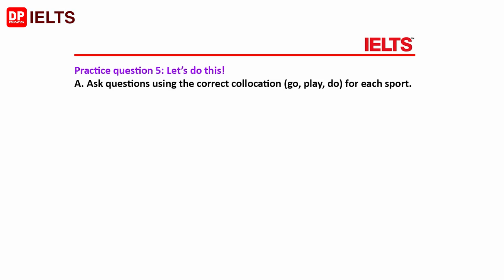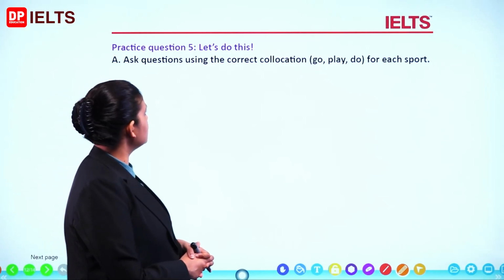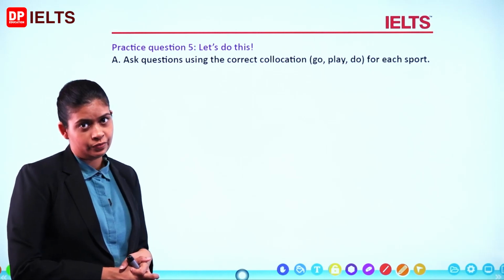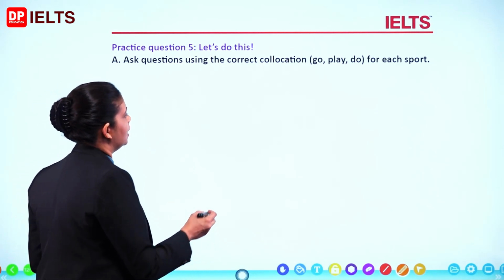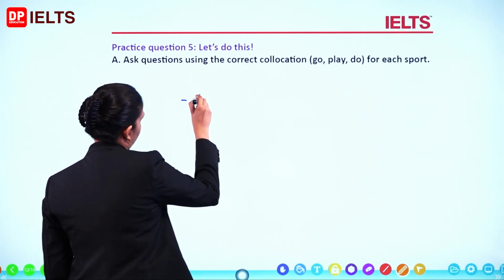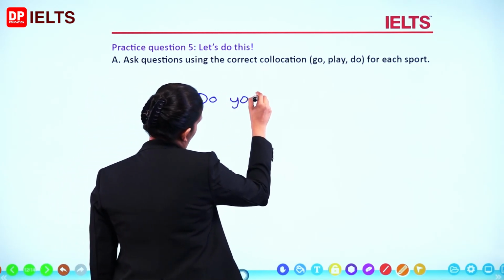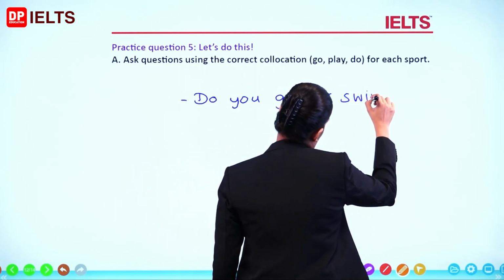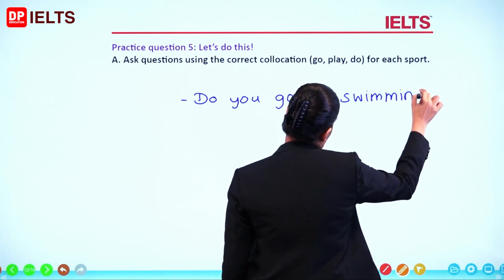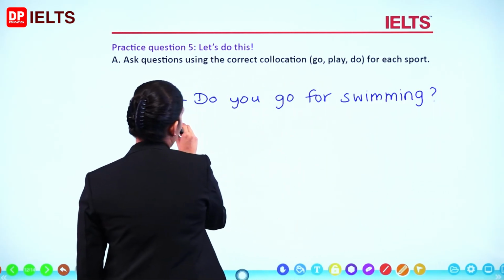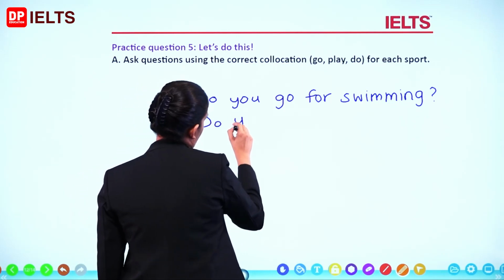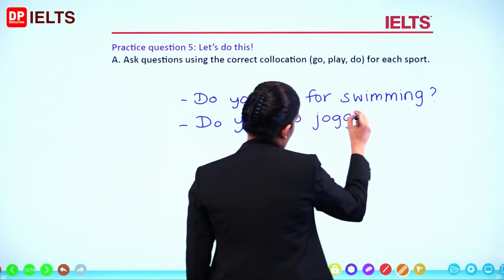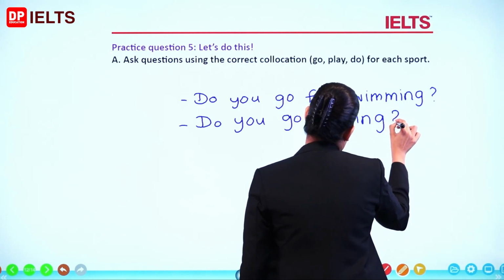Practice question 5. Let's do this. Ask questions using the correct collocations. Go, play, do. Right? So usually you can ask, do you go for swimming? Right? Do you go for swimming? Do you go jogging? Right.